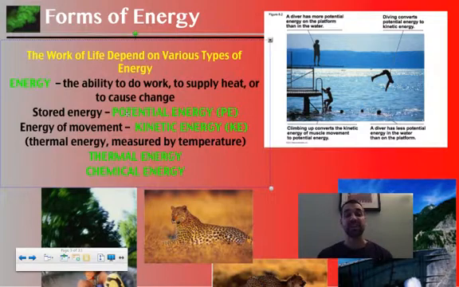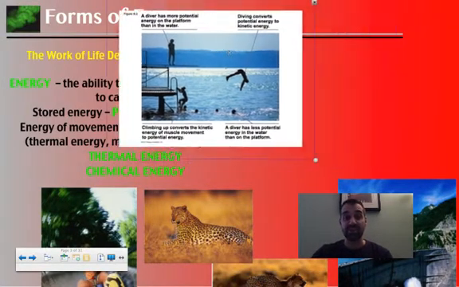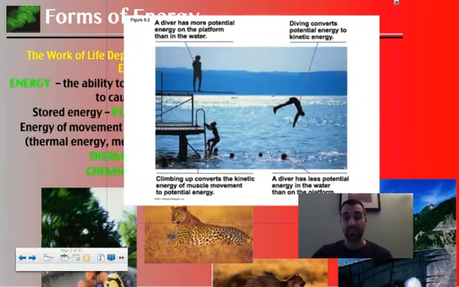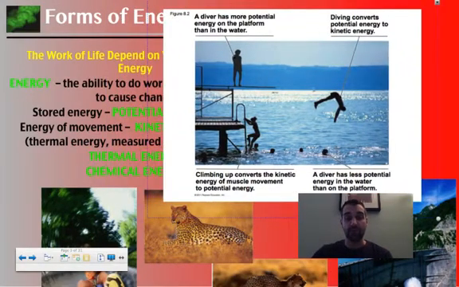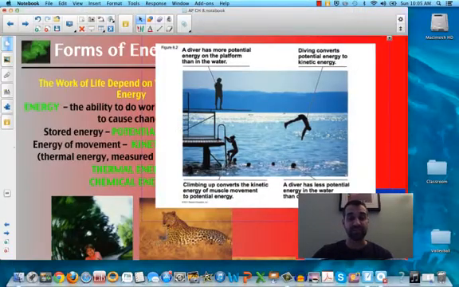It's often referred to as energy based on position. You can think of this as when I stand up on the table, I have the potential to fall down. Or even more so here, a diver has more potential energy on the platform than in the water. Okay, so up here, the diver has a lot of potential energy.